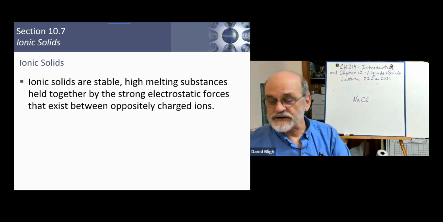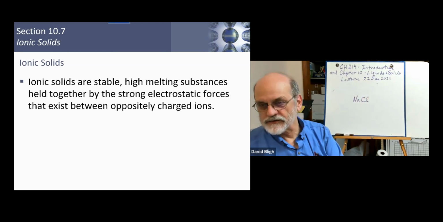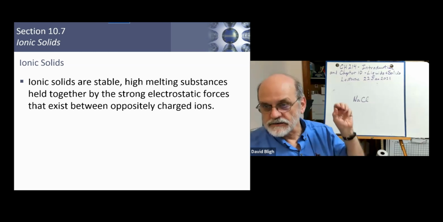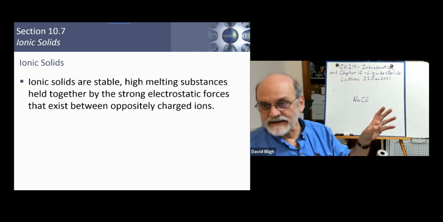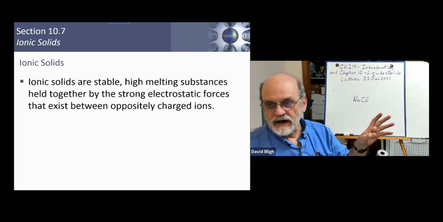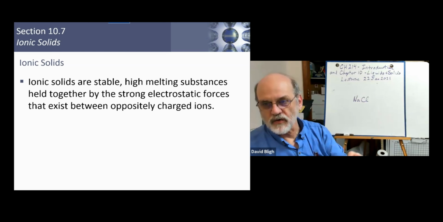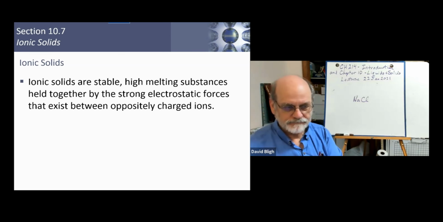But that's really just the simplest ratio of sodium cation to chloride anion. The reality is that you have a network of sodiums and chlorines together in that crystal structure, in that lattice.